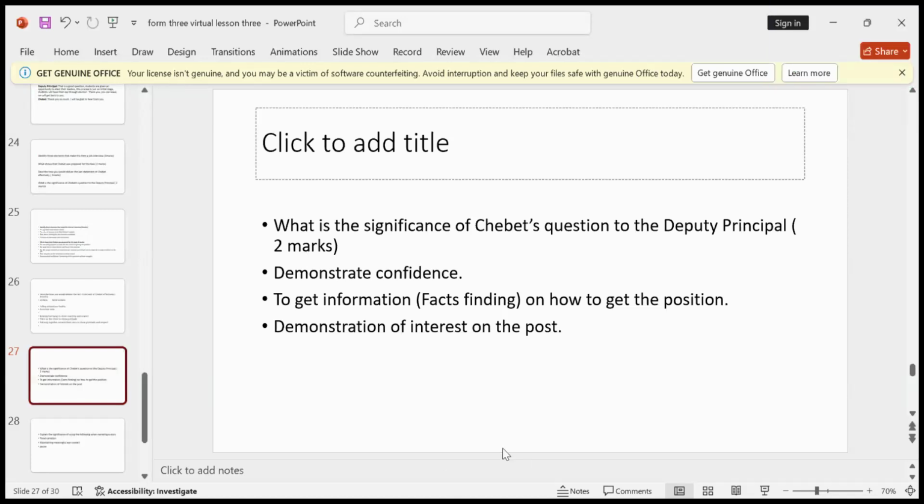To demonstrate confidence. Correct. Get information on how to get the position. Demonstration of interest in the post. Yes, that is the relevance or the significance of that question that Chebet is asking: What is the ministry's position on student leadership?